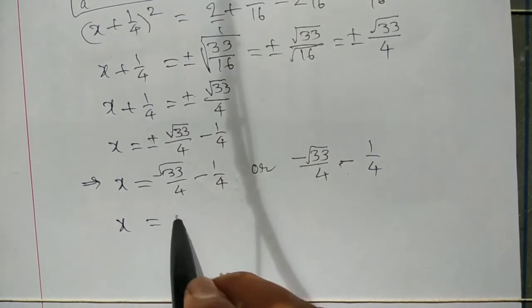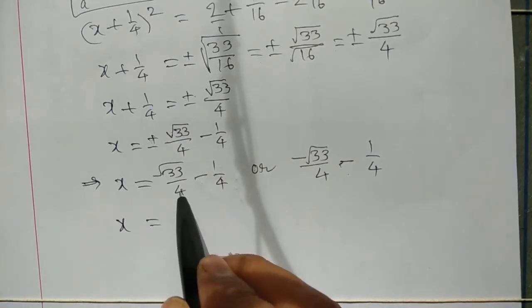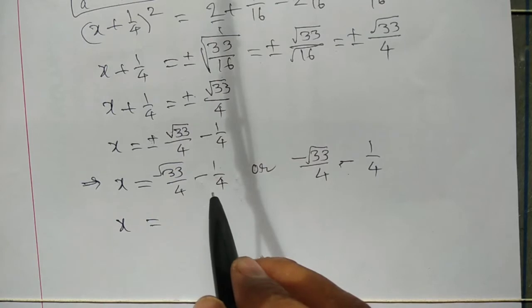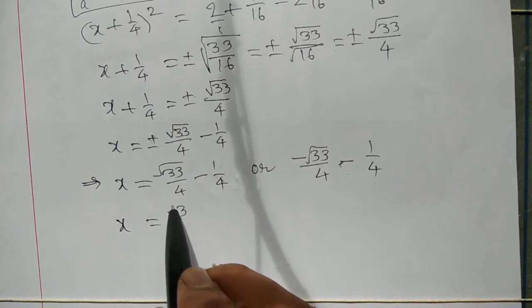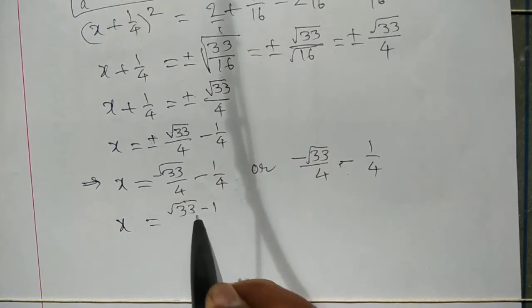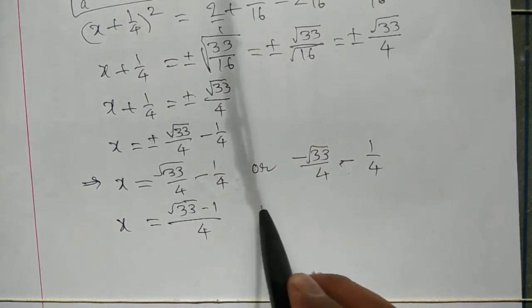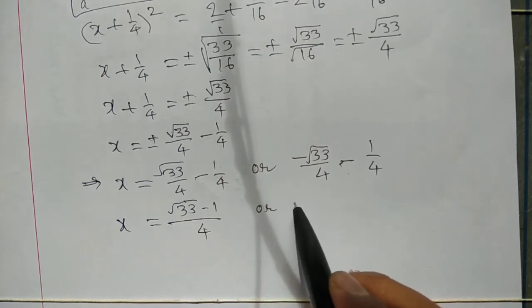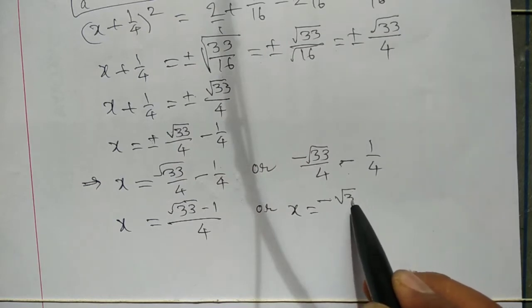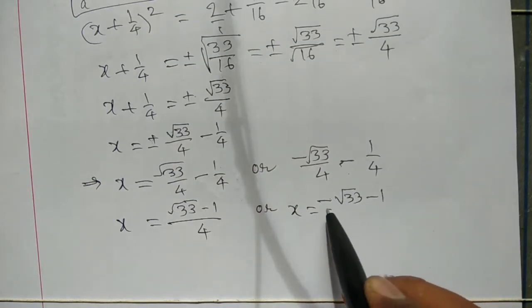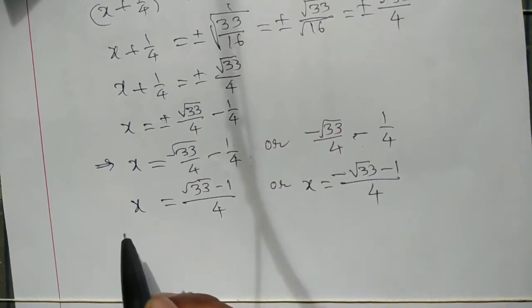If the denominators are the same, that means like fractions, we subtract the numerators only. So x = (√33 − 1)/4 or x = (−√33 − 1)/4.